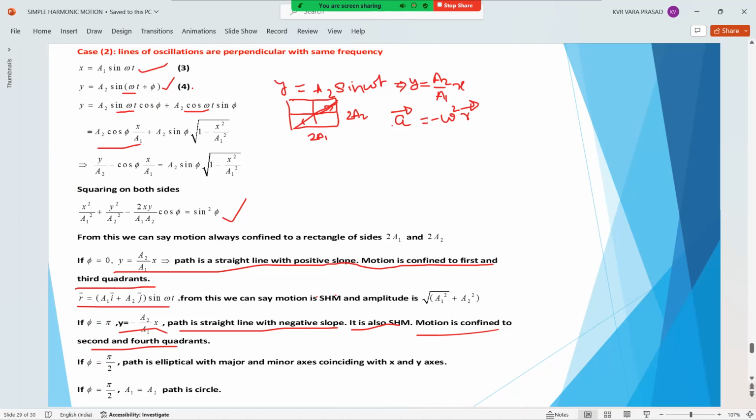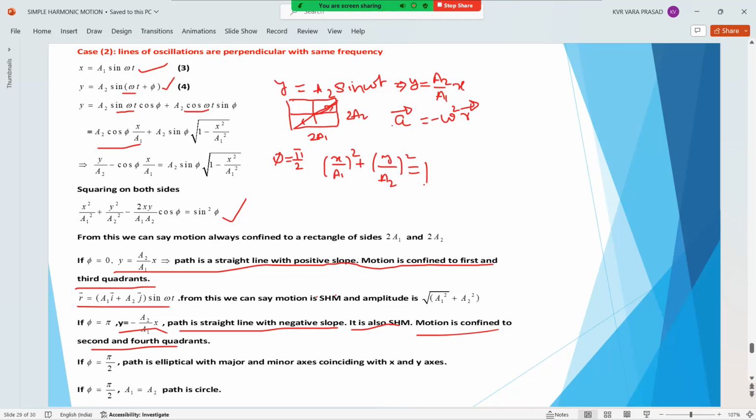Then what we can do here, see carefully once. I am writing here. When you take phi equal to 90, then (x by a1) whole square plus (y by a2) whole square equal to 1, right?